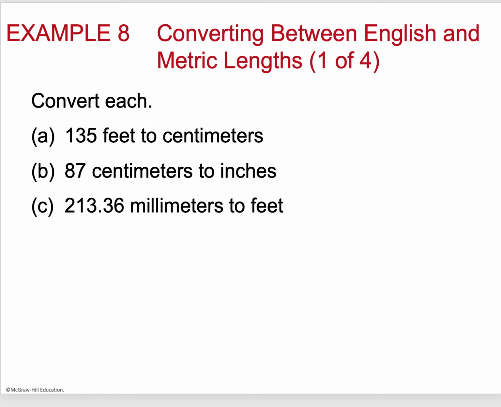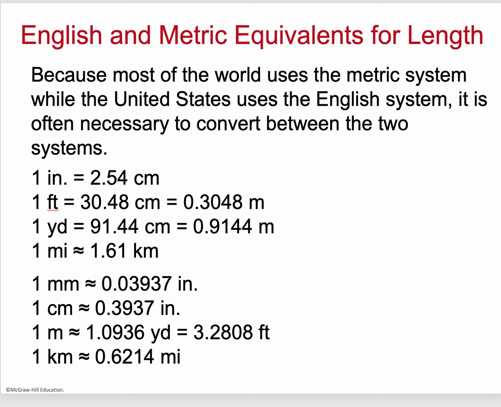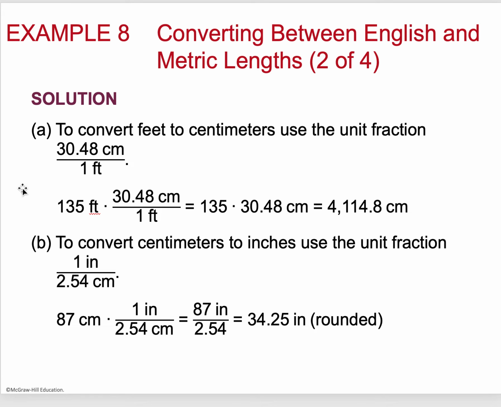Let's look at an example of converting feet to centimeters, centimeters to inches, and then millimeters to feet. If I want to convert feet to centimeters, I'm going to use the conversion factors from the table up here. I'm going to go to the one that has feet and centimeters. I could write this as 1 foot divided by 30.48, or I could write it as 30.48 divided by 1, just like we just learned.